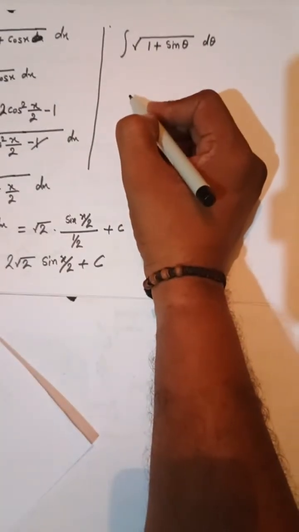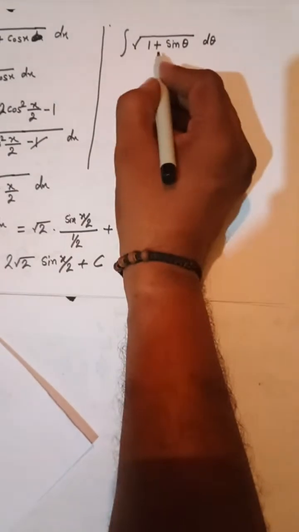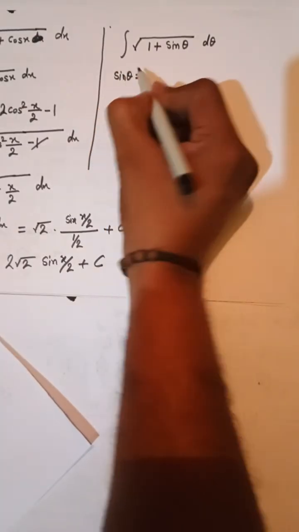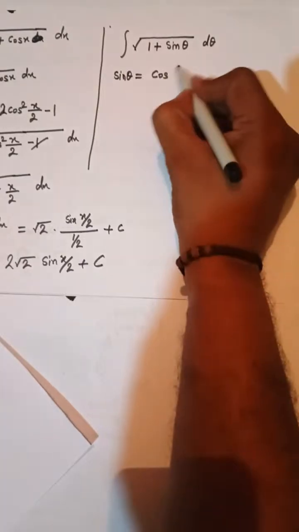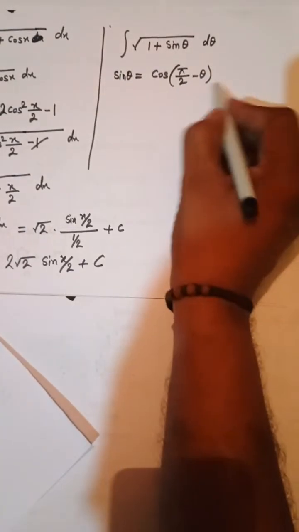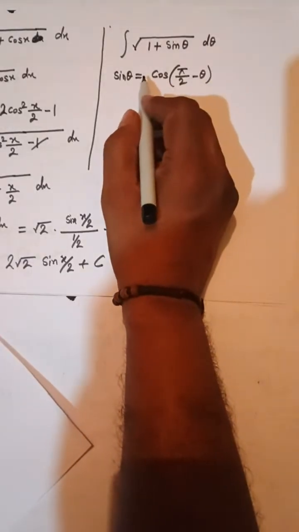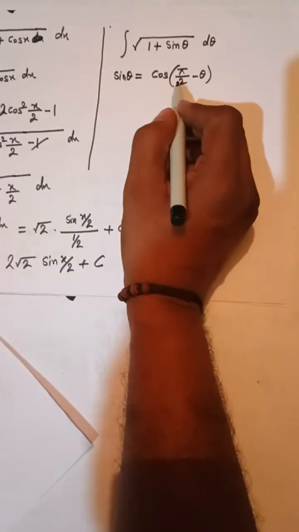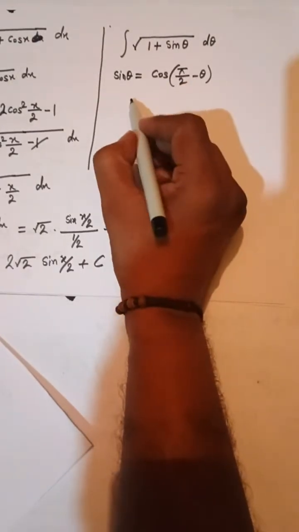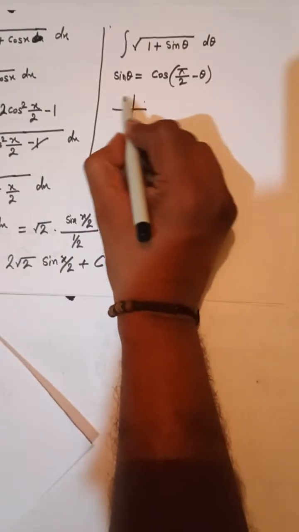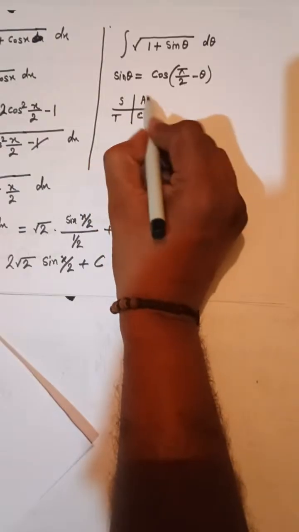Here I have sine theta. I can write this sine theta in this format, cos of pi by 2 minus theta. Why? It is positive, in the first quadrant, all sugar to coffee, so sine is positive.